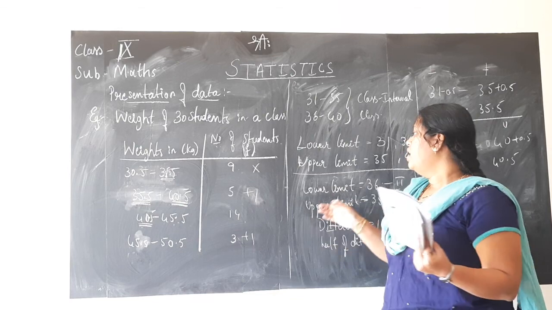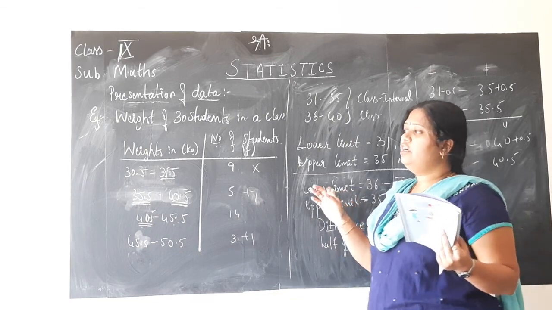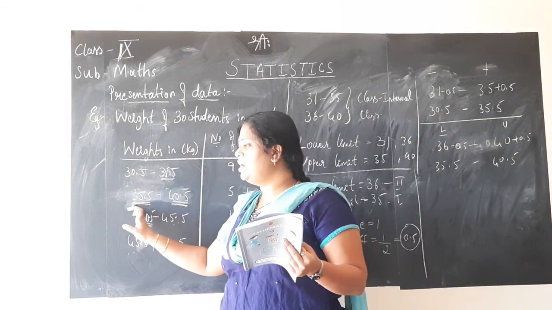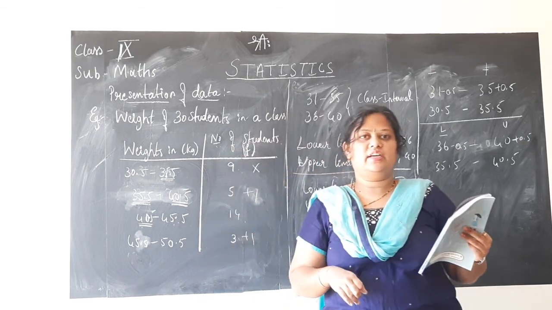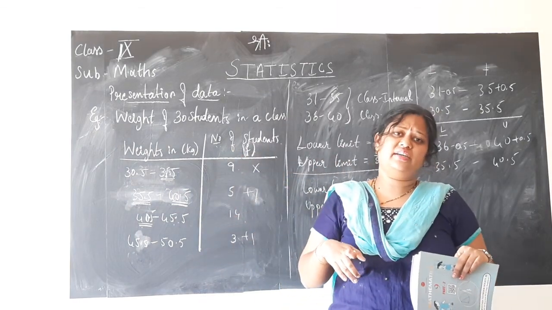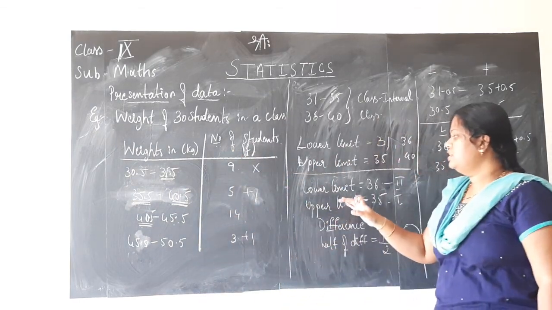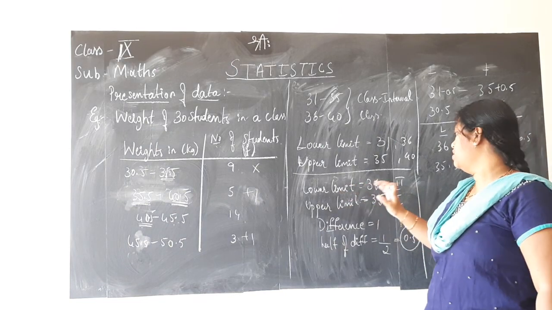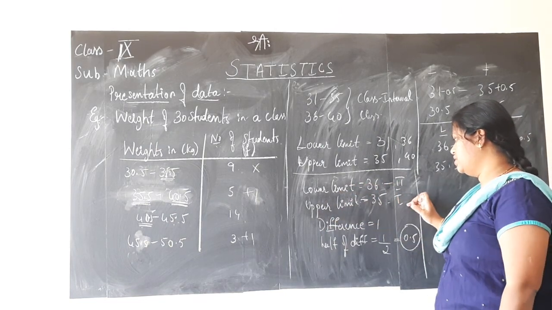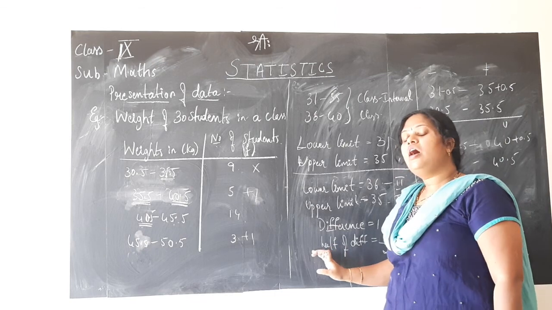If the given data is in between the upper limit and lower limit of the corresponding class intervals, then what we do is take the lower limit of the second class interval and the upper limit of the first class interval, take the difference, and take half of the difference.